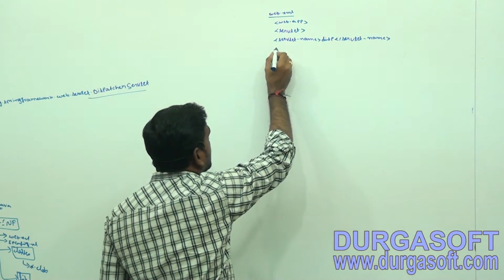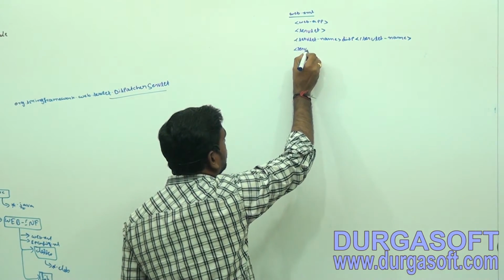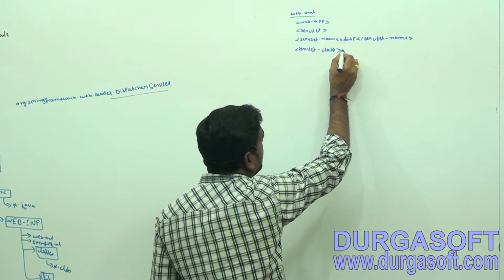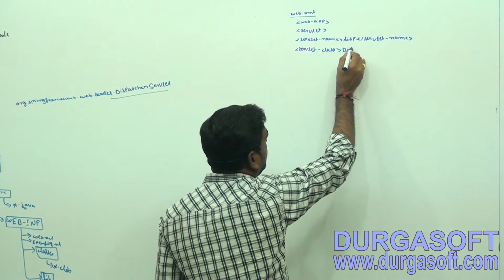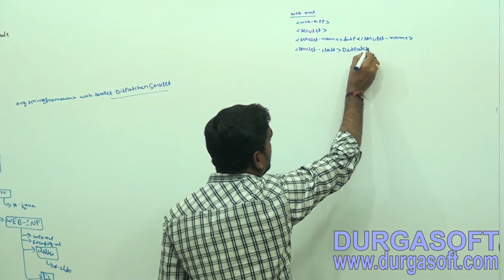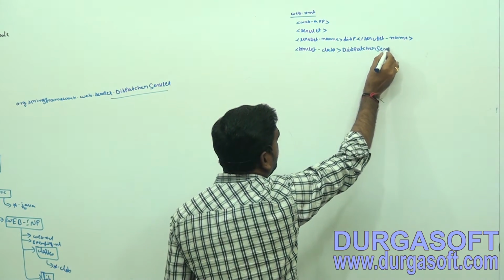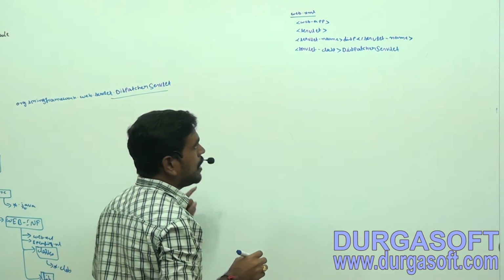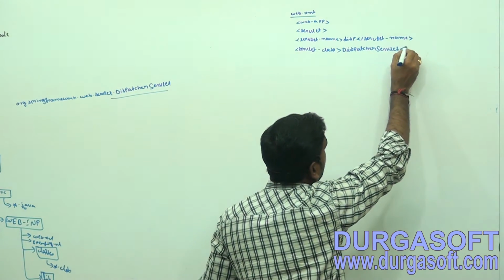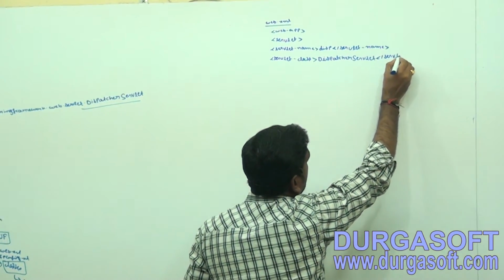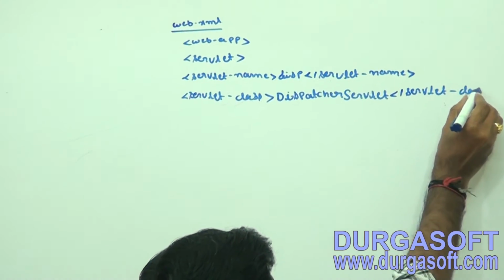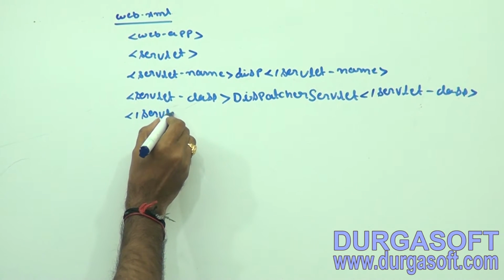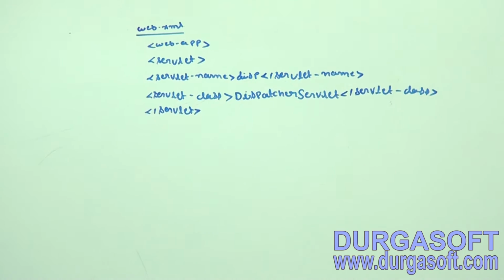The next servlet-class. Here we can take DispatcherServlet, the complete fully qualified class name. Close the servlet-class. After that, close the servlet.